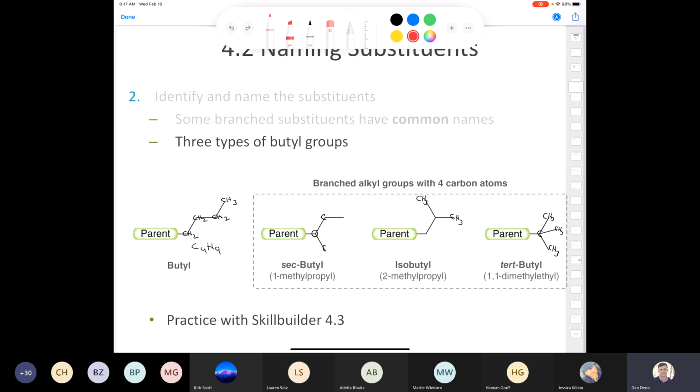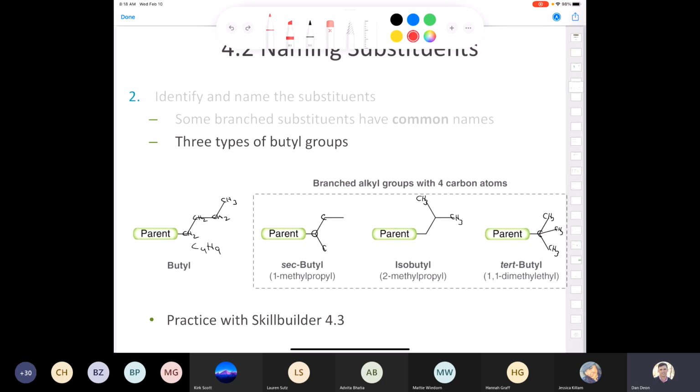That's just a rule that you have to know. You have to know how to name it properly. So sec and tert have these hyphens in them, whereas iso doesn't. And if you're wondering, oh, jeepers, Mr. Dion, this is complicated, well, again, the more practice that you get at it, the stronger you will become. And trust me, many students have studied this and have mastered it, and so you will be able to do that too.